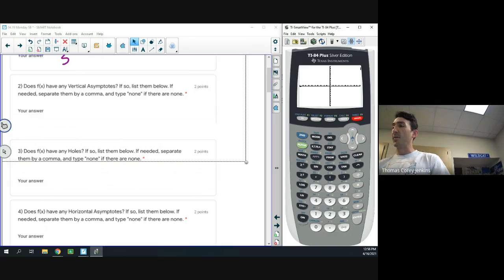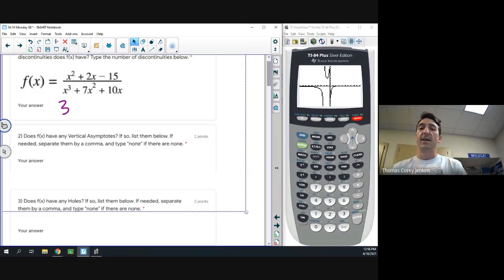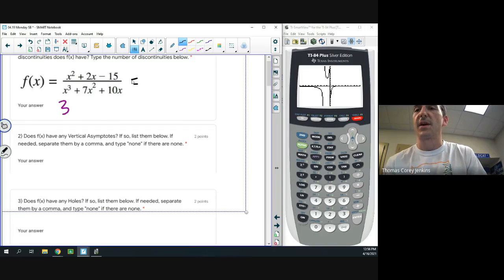Sometimes you have to play around with that. This will be the picture we want to see. It's tough to tell exactly what it is. I thought we might be able to tell by looking. Since we can't tell exactly where the asymptotes are, let's get into factoring this expression.